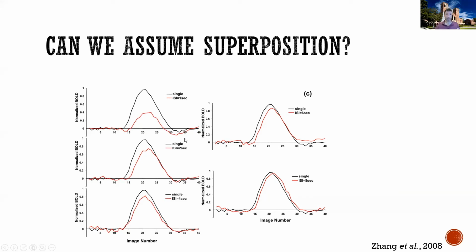So you can appreciate how there's a trade-off between being able to pack as many trials as possible in as little time as possible, which gives us many more trials, and the more trials, the more power, with the observation that if you put trials too close together, the response you get is actually much smaller.